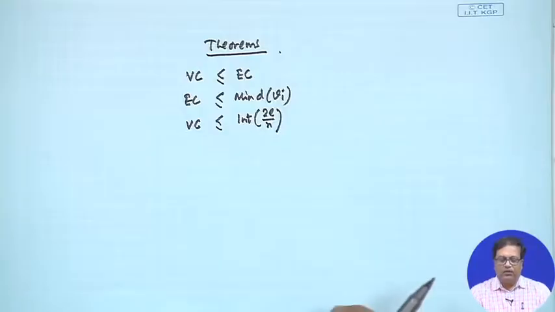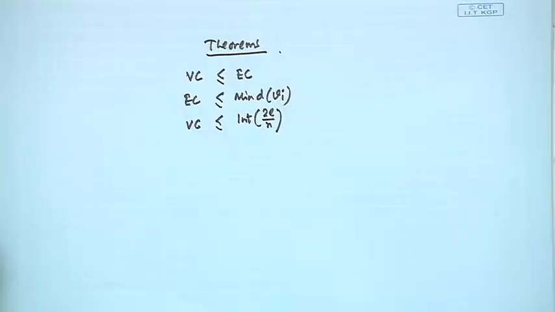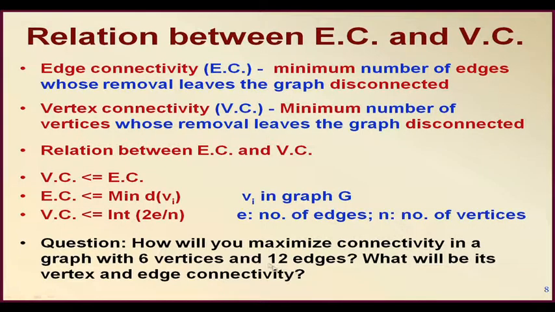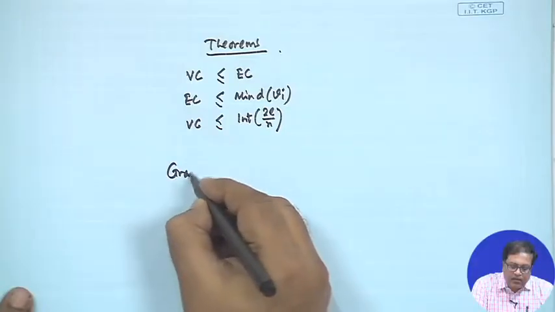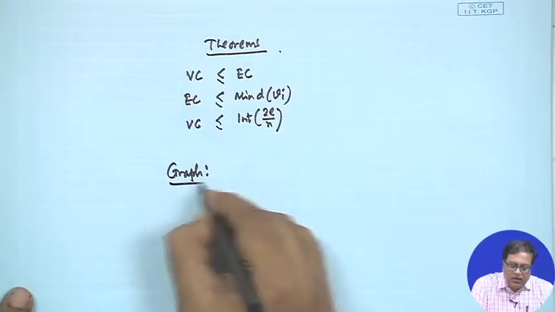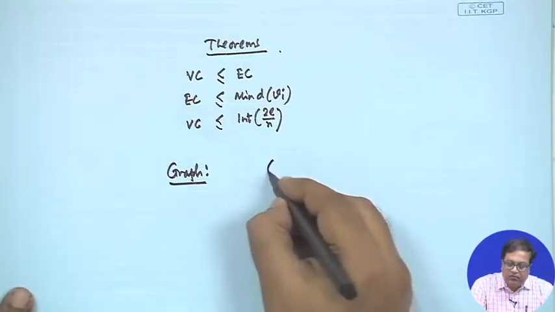We shall not bother too much about them, but we just look at this question: how will you maximize connectivity in a graph with 6 vertices and 12 edges? What will be its vertex and edge connectivity, right? So, we have a graph where only this much is given.